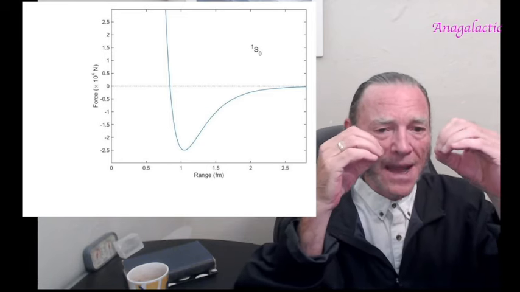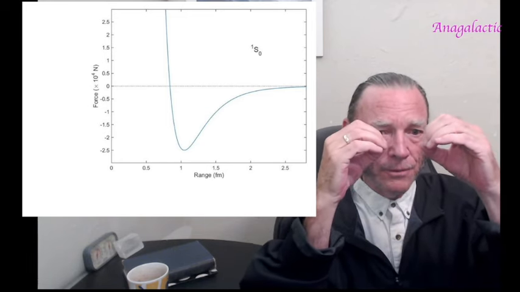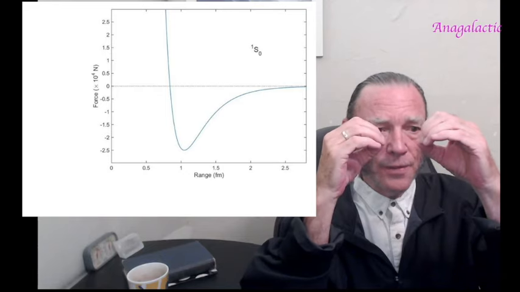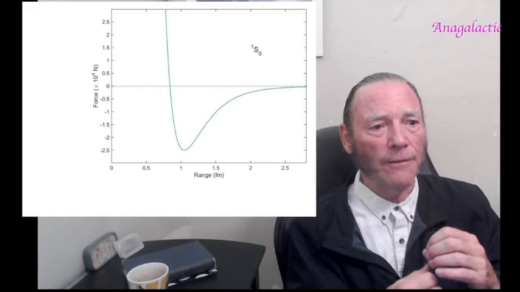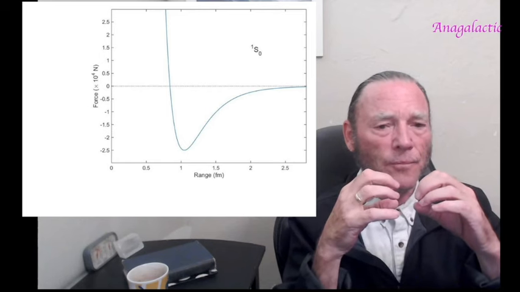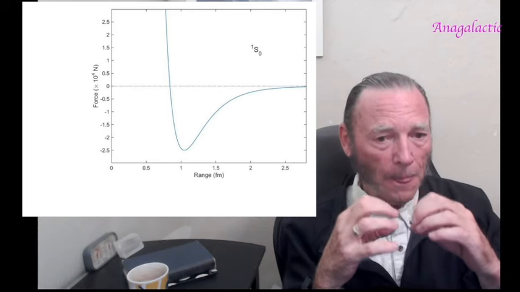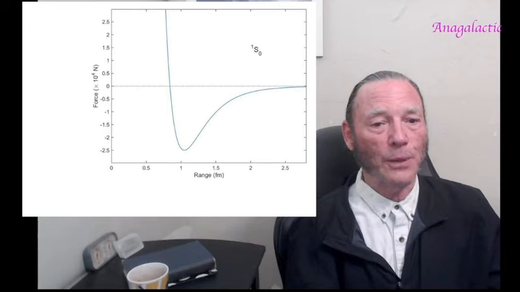And there's a maximum repulsion between them at the bottom of the graph. So that's maximum repulsion. But that's not what Wikipedia says.